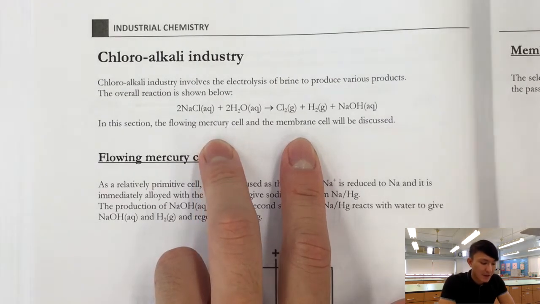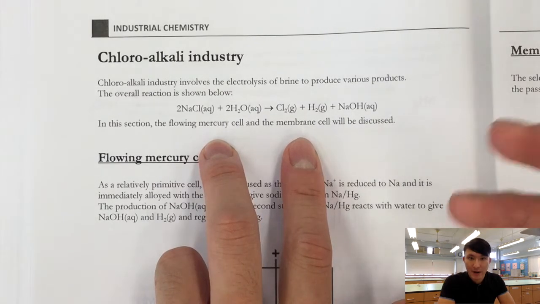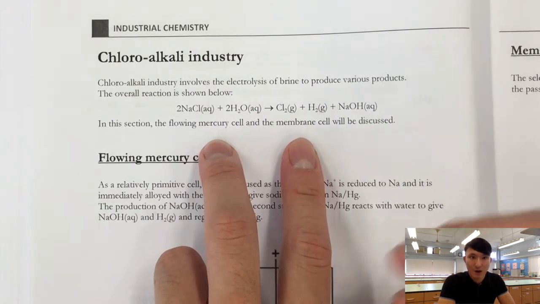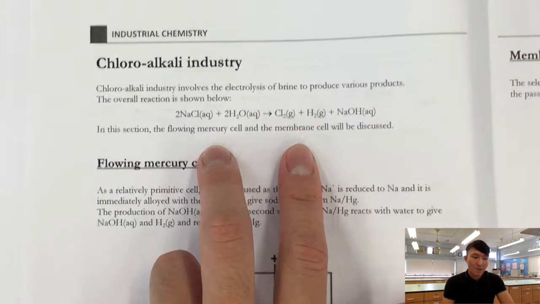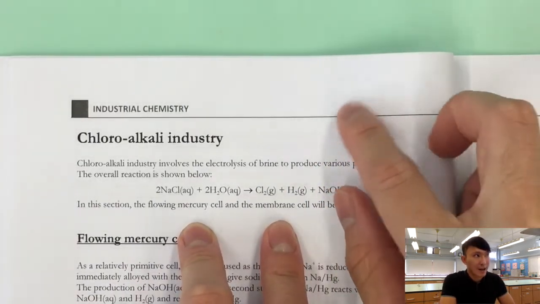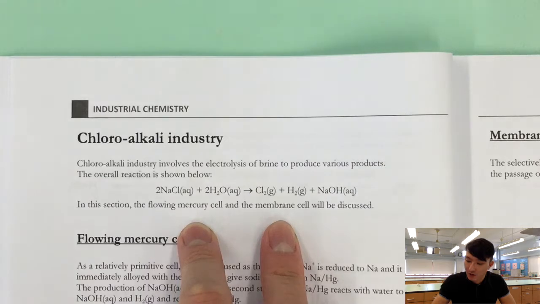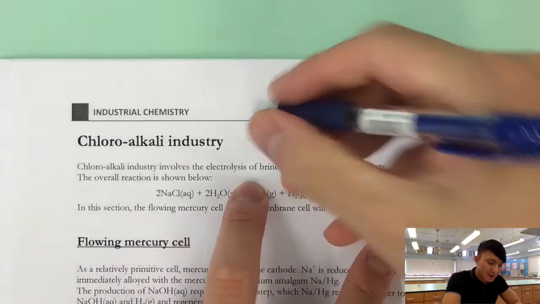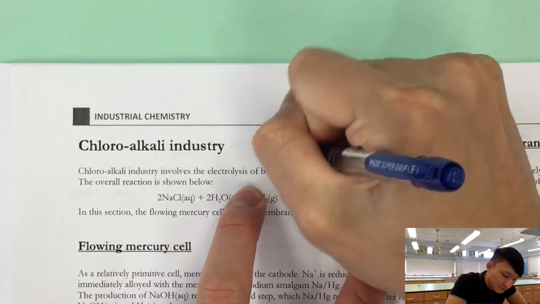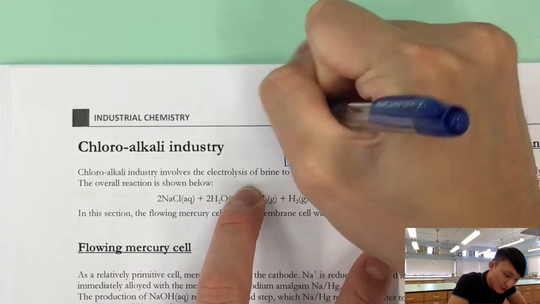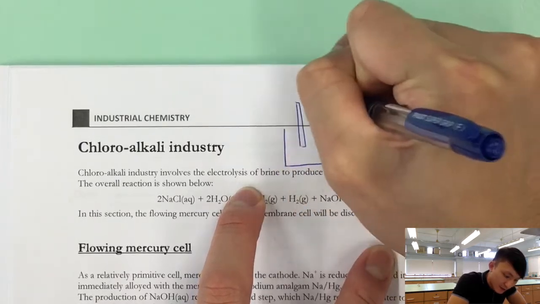But before we step into the actual cells, I want to refresh your memory about the electrolysis of solutions. On the top right-hand corner of this page, I'm going to write down a setup that we often see when we talk about electrolysis in a core topic.